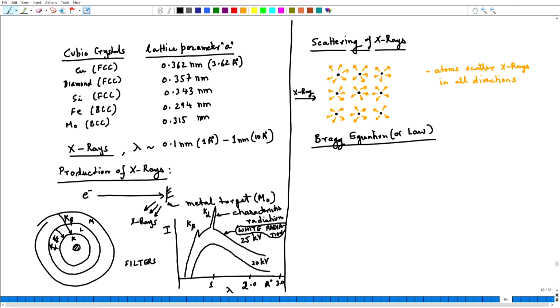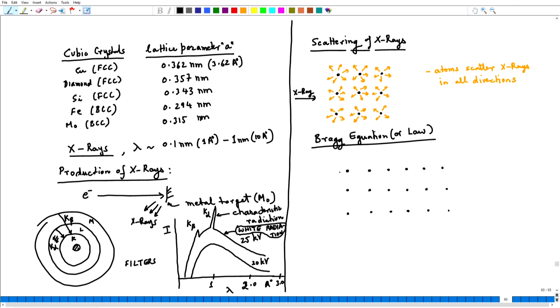Now, here imagine now we have atomic planes. I have an incident beam.